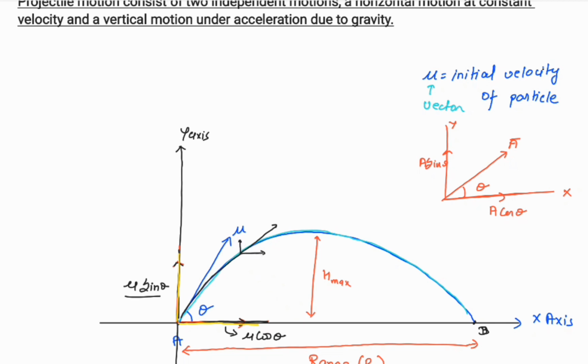When the projectile is traveling from A to B, it is moving in the x-axis and it is also moving in the y-axis. For every point in a projectile motion, the projectile is moving in two directions, x-axis and y-axis. Or we can say it has two components, an x-axis component and a y-axis component.